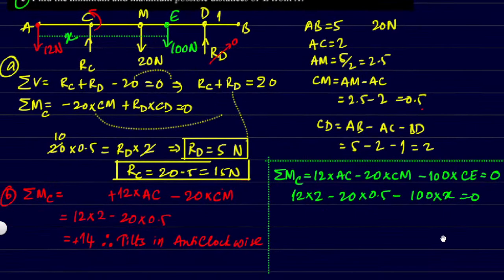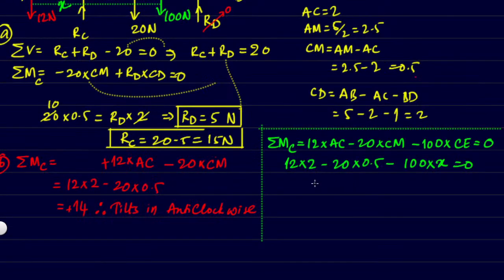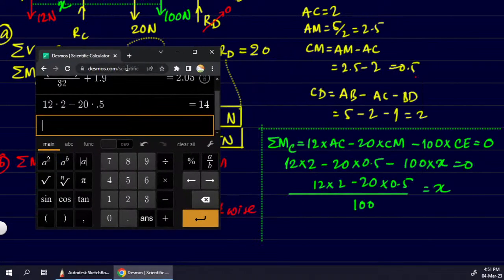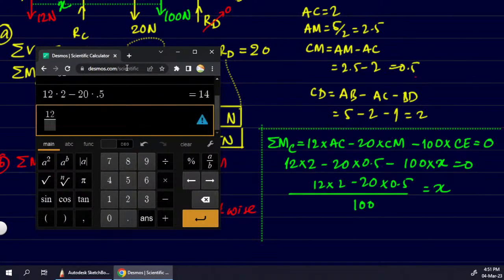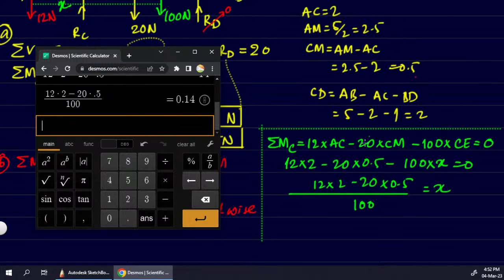Total should be 0. x is the only unknown, find it. So 12 into 2 minus 20 into 0.5, divided by 100, will be equal to x. That gives 0.14.